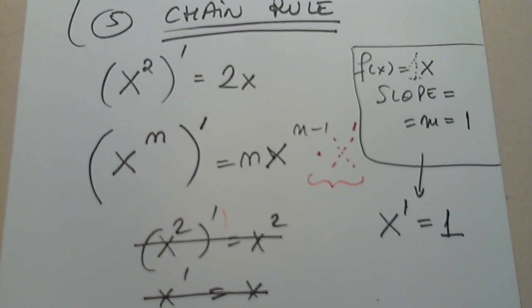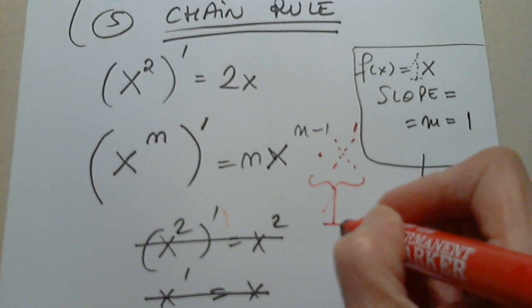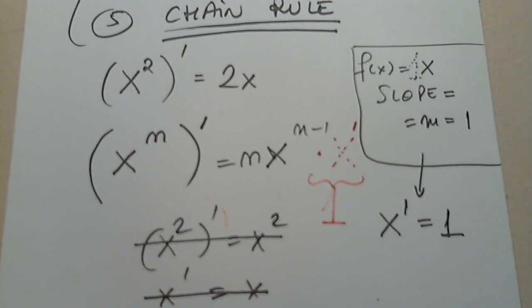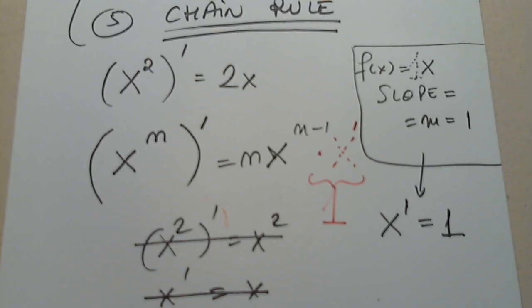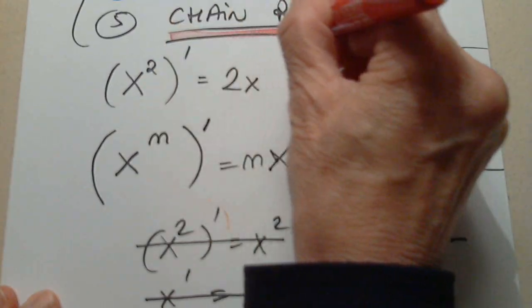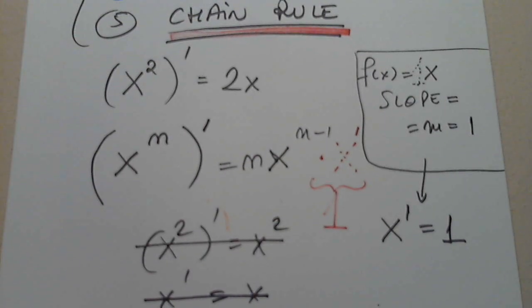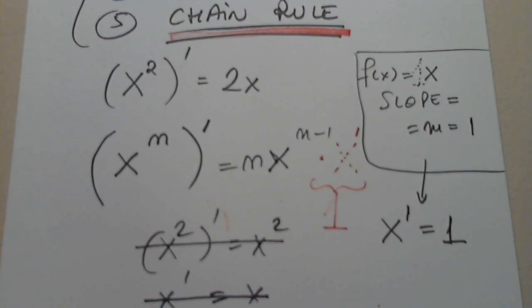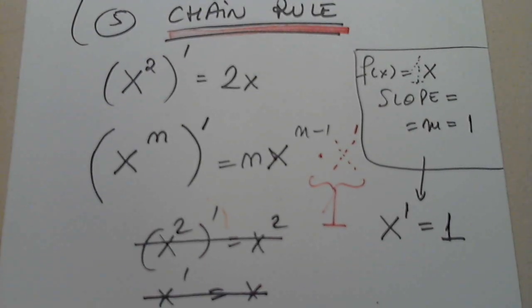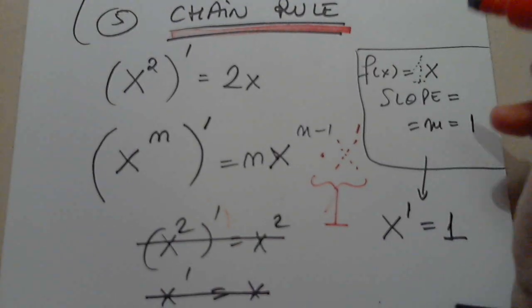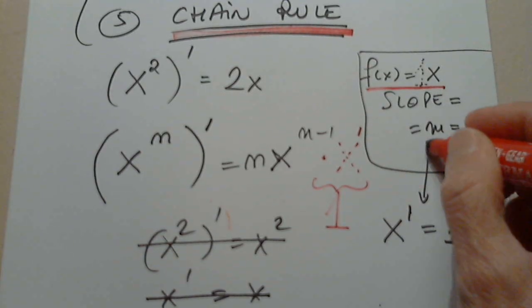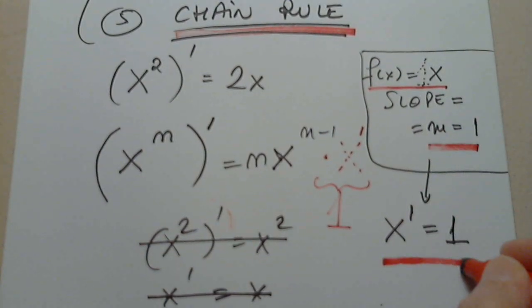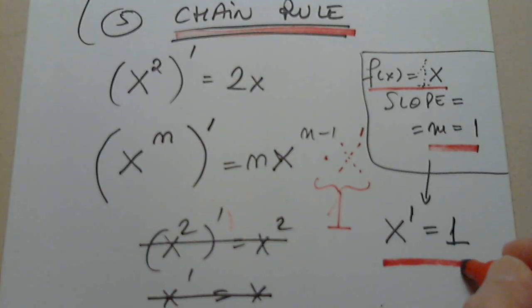Because x prime is? 1. Exactly. Because x prime is 1, there is no reason to write times x prime. But otherwise, you will see what happens when we talk about the chain rule. And that will be a totally different situation, totally different story. So please remember, moving forward, the rate of change of function x is 1. Therefore, the derivative of x is 1.